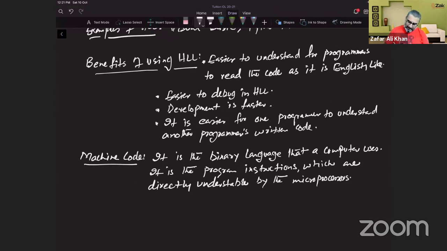Now assembly language. What is assembly language?